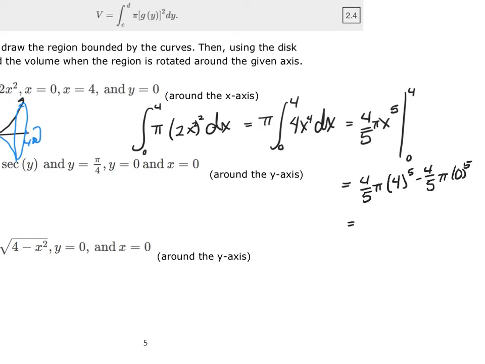And so my final answer, getting my calculator out: 4 raised to the 5 times another 4, so in other words 4 to the 6th, and then divide that answer by 5. And so I get 819.2 multiplied by pi.